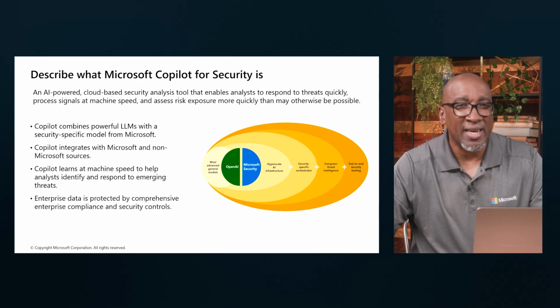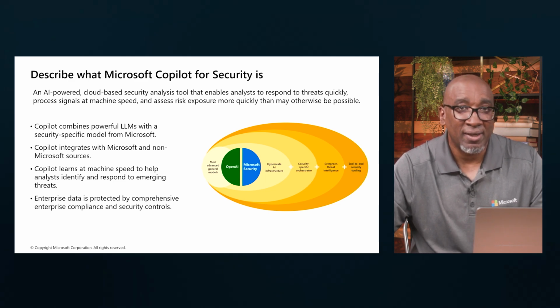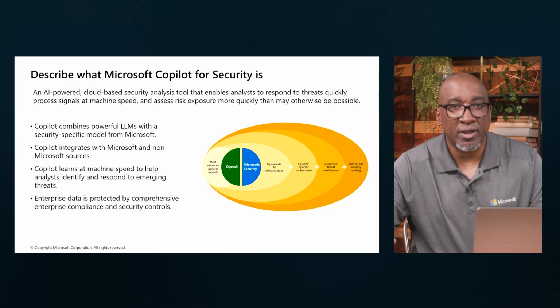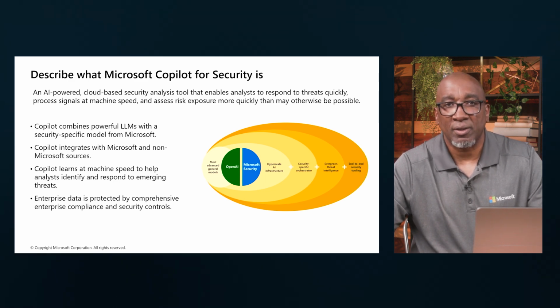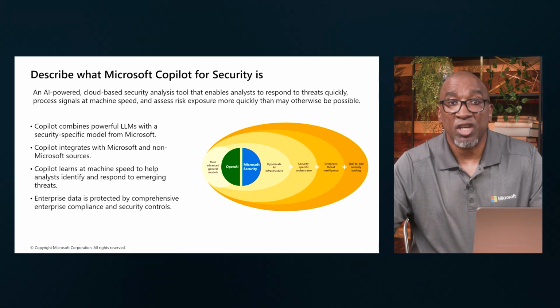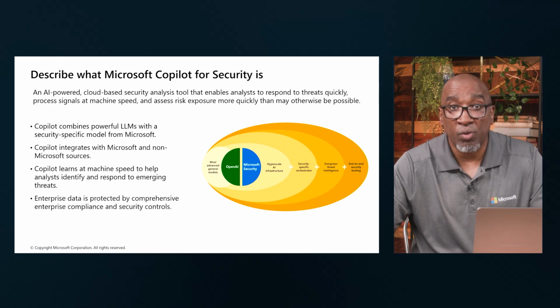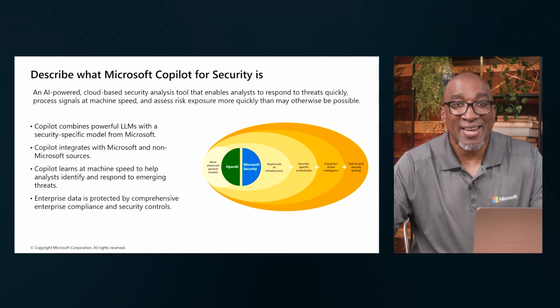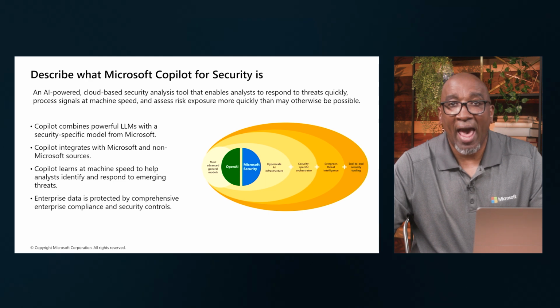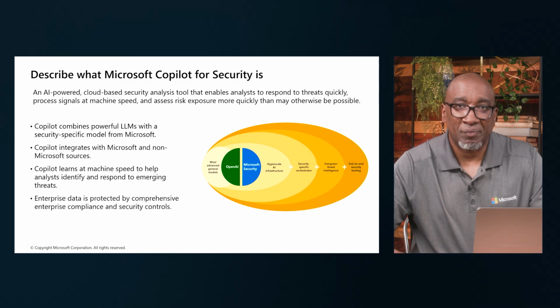The key thing here is speed. Time is always against us when responding to threats. But by combining powerful large language models with a security-specific model for Microsoft and integrating them both with Microsoft and non-Microsoft sources, analysts are able to identify and respond to emerging threats more effectively.